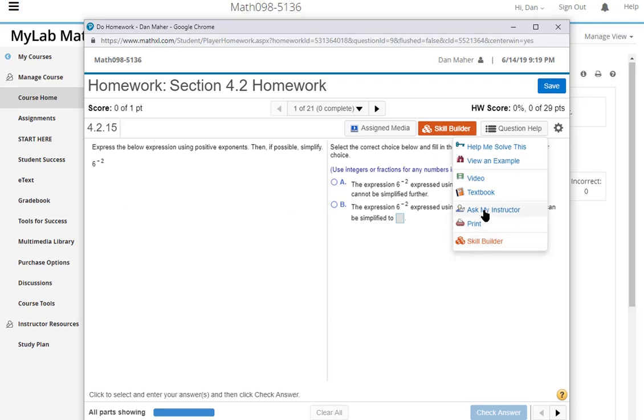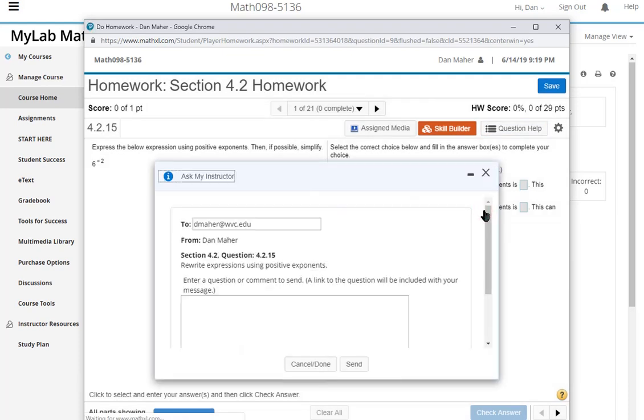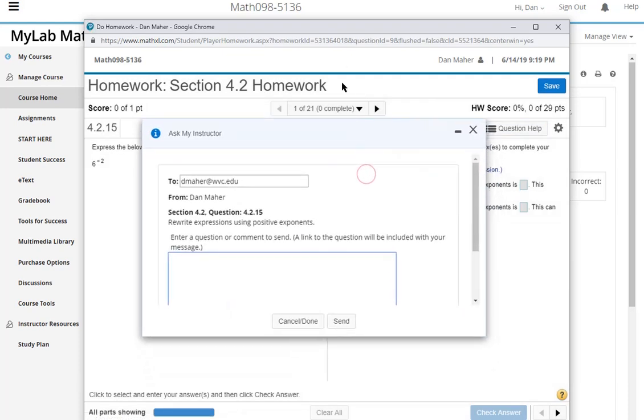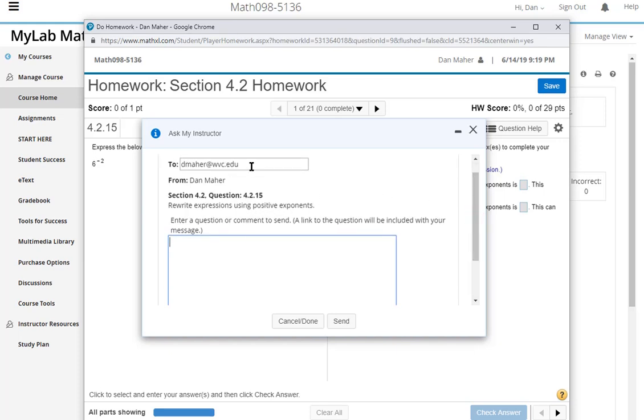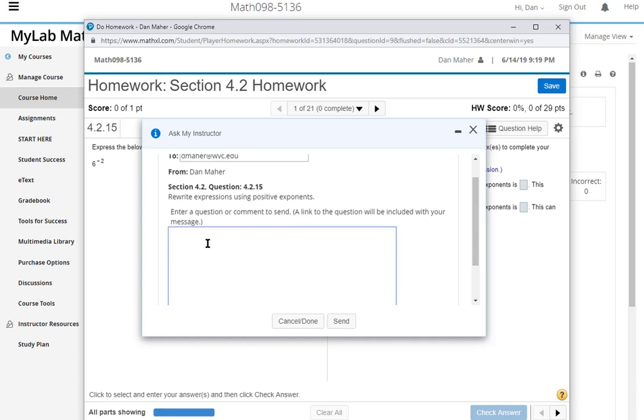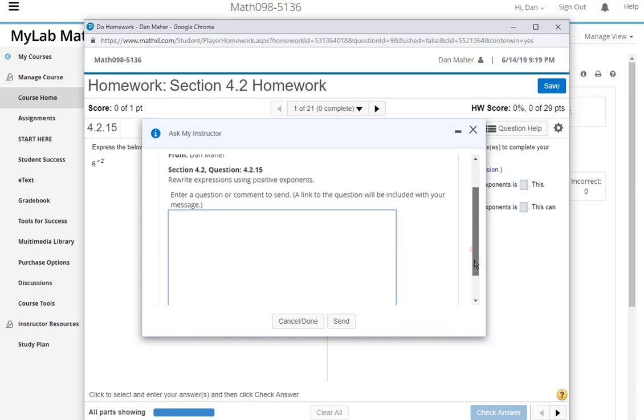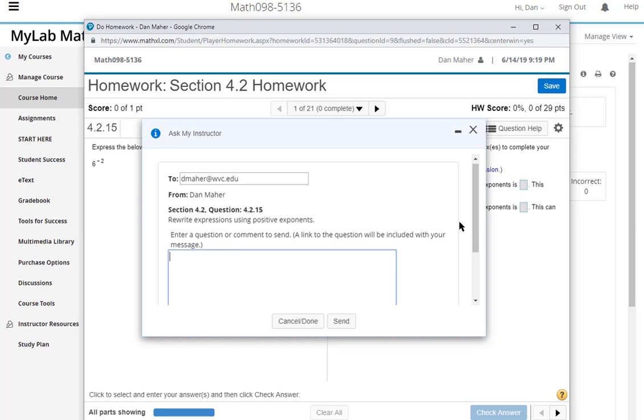And then also you have this ask my instructor, and it'll pop up this little window, and it'll send me the question, the actual question you're working on. It'll email me. That's my email address. And you can write a little comment here or question, say, I don't understand why I have to use positive exponent or something like that.